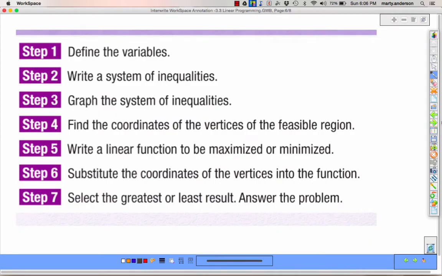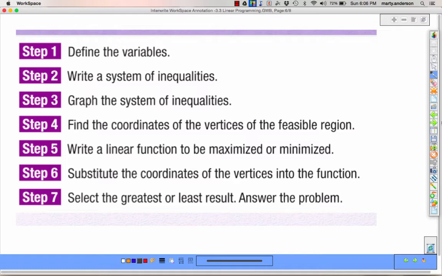Okay, lastly, we are going to do a word problem, and we need to define our variables, write the system of inequalities, graph the system of inequalities, find the coordinates of the vertices of the feasible region, write a linear function to be maximized or minimized, substitute the coordinates. So you're doing the same thing.